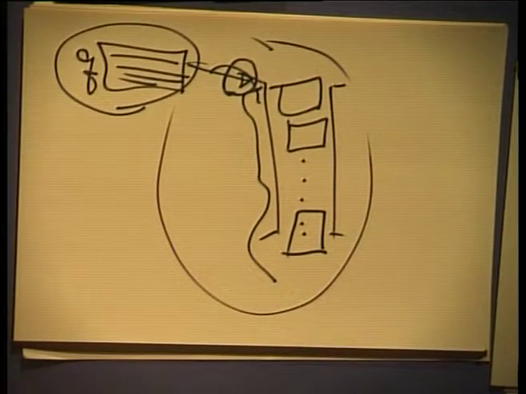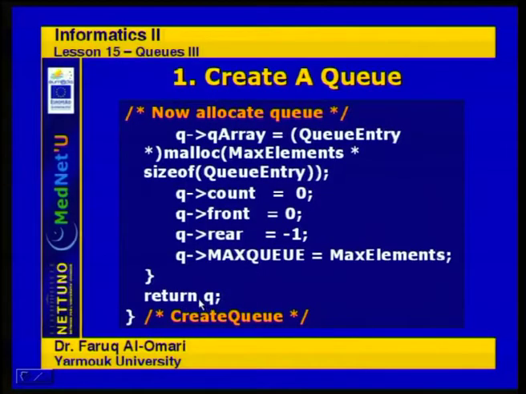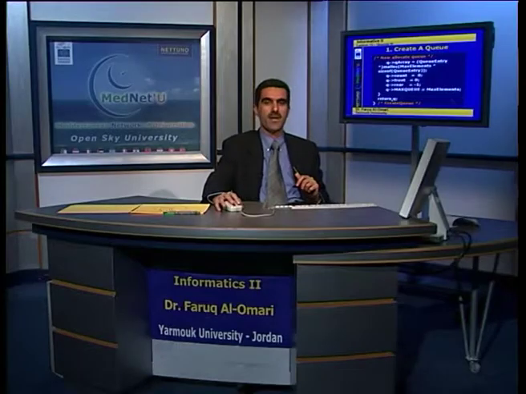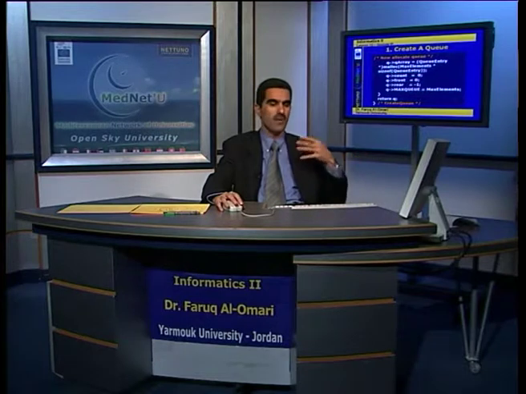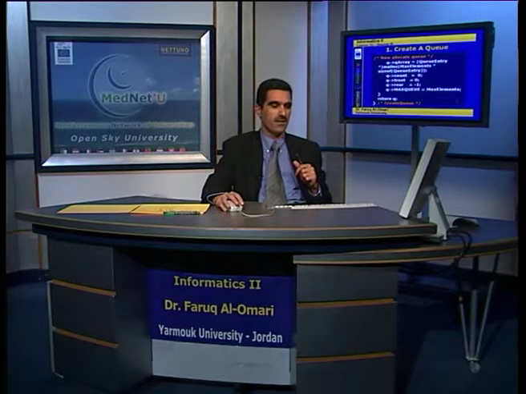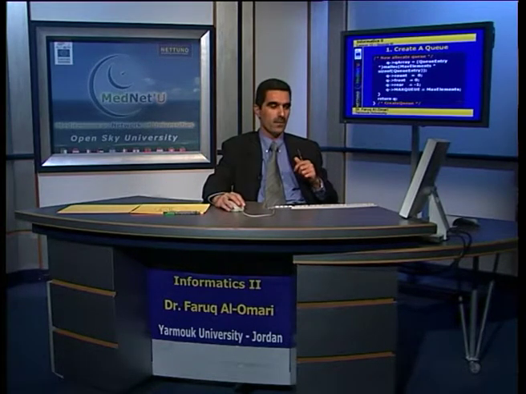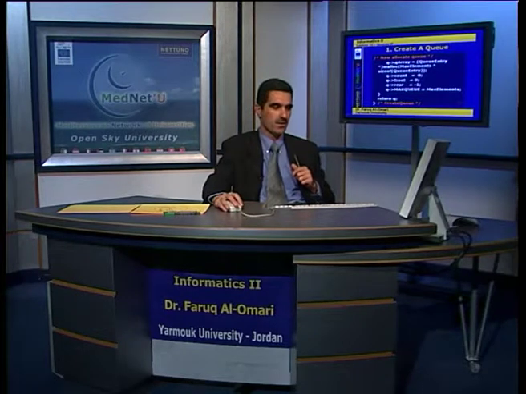But if I fail, then the return value in here is just going to be null. Okay? So that's basically the create queue function. Very simple, very straightforward. Creation, dynamic allocation of memory, and successful return with a pointer to that, of course with initialization in here.